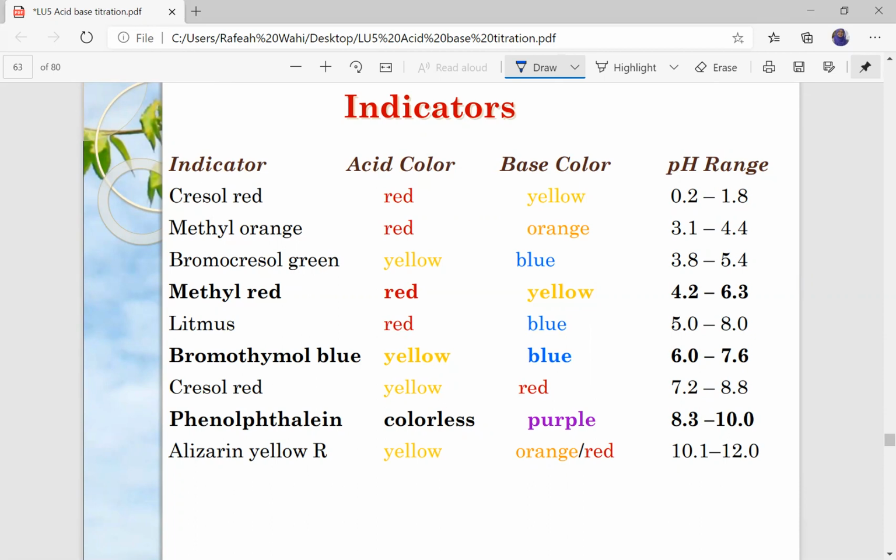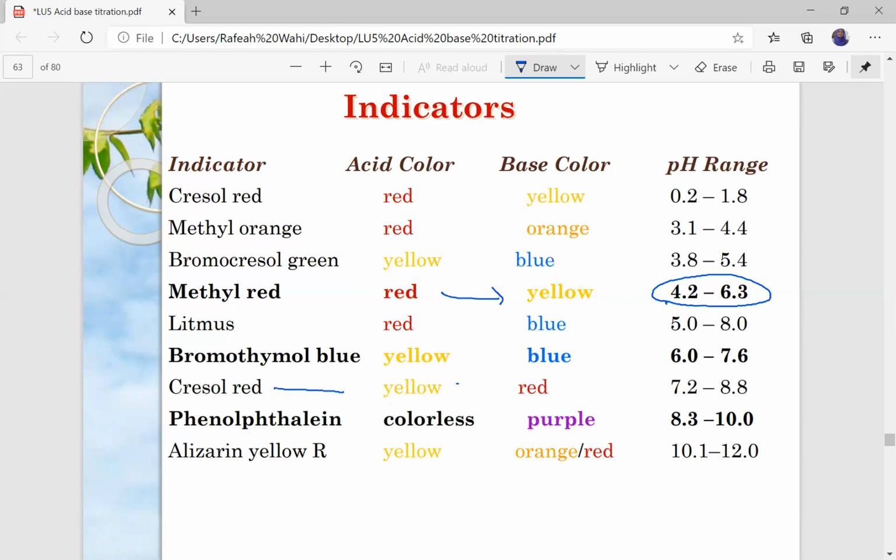Okay, and if you look here, methyl red, for example, changes color from red to yellow at pH 4.2 to 6.3. And here, we have cresol red, which changes color from yellow to red at pH 7.2. If you look at bromothymol blue, it changes from yellow to blue at pH 6 to 7.6.